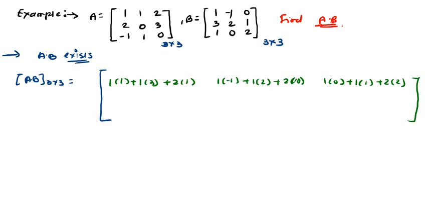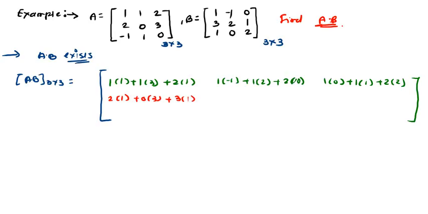Now the next entry will be second row and first column. This will be 2 into 1 plus 0 into 3 plus 3 into 1.